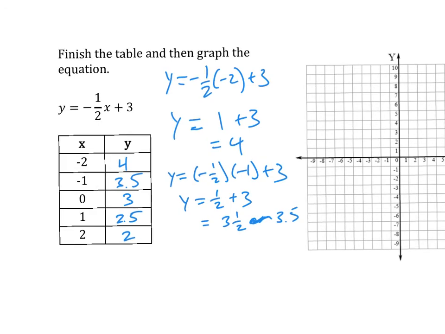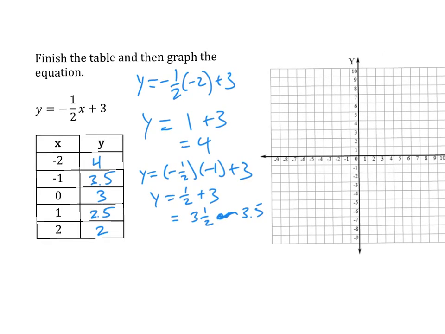Okay, so then this one will have (-2, 4), (-1, 3.5). Okay, so right in there between the 3 and the 4. And then we'll have (0, 3), (1, 2.5). So right in between the 2 and the 3 there.